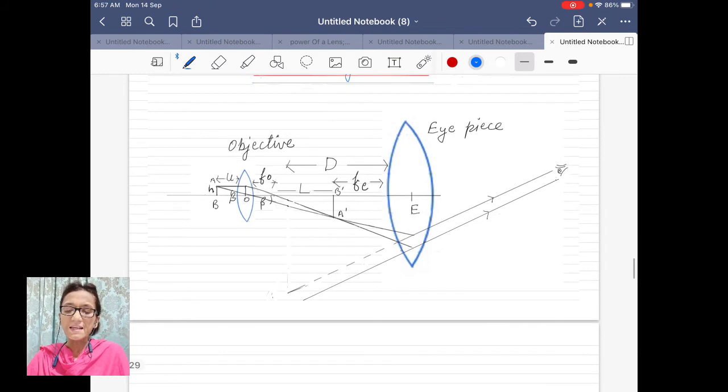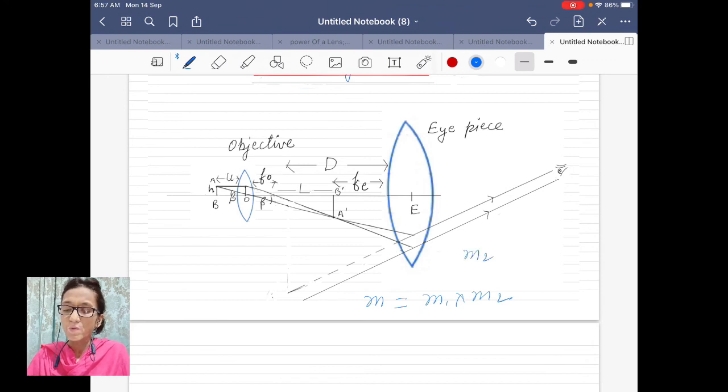Now second arrangement, in which the final image is forming at infinity. So again you have two magnifications and they will be multiplied for net magnification. Net magnification is equal to M1 into M2.